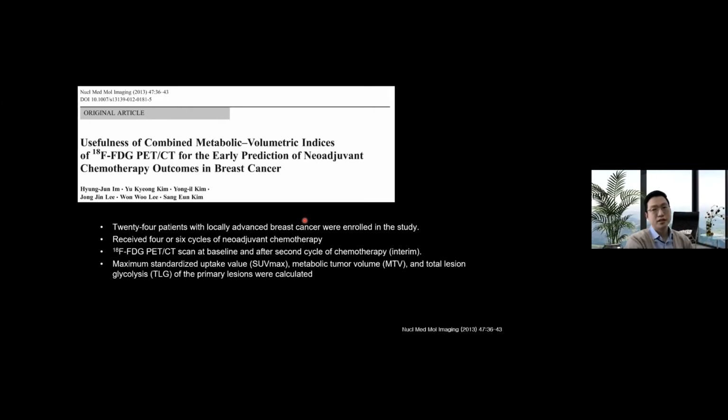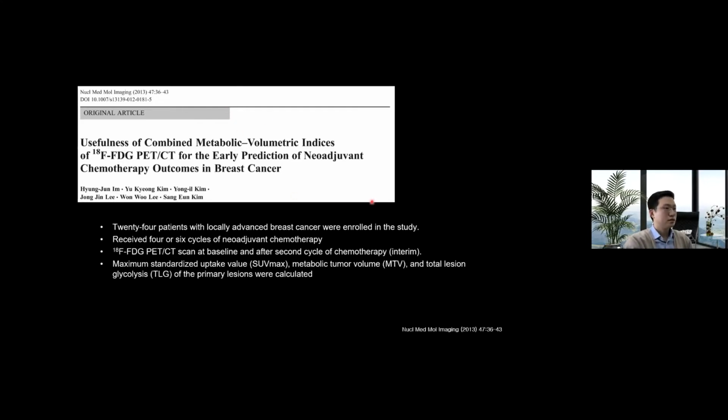But the literature evidence is not quite as large compared to lung cancer, but still there are quite a few papers out there to show the FDG PET-CT scan has a prognostic value in breast cancer.